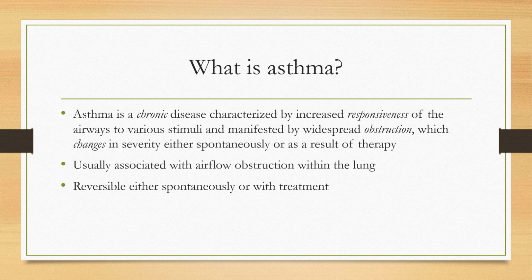When we breathe in various types of triggers, be it cold air, cigarette smoke, perfume, dust, or so on, our airway responds quite rapidly by forming some form of obstruction in the airway and inflammation. This inflammation can be reversed either spontaneously or by using some kind of medication.